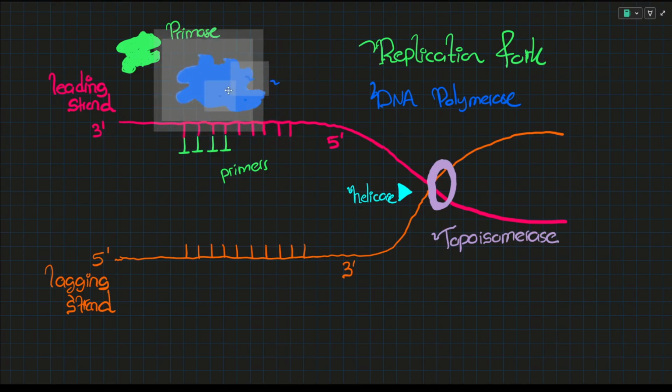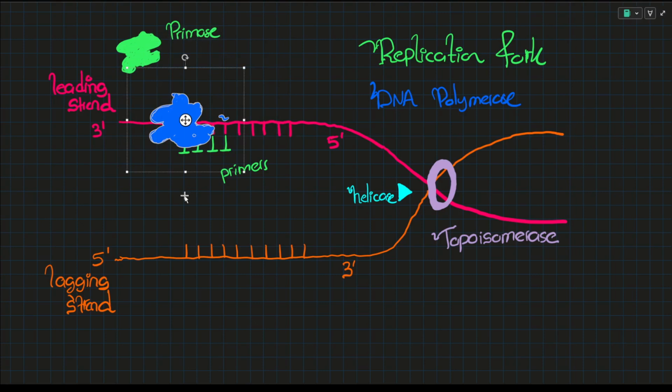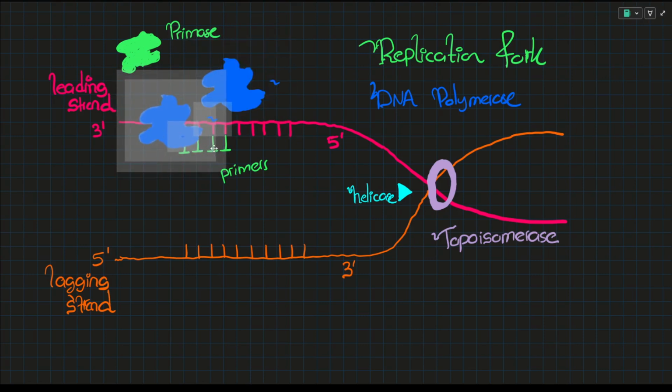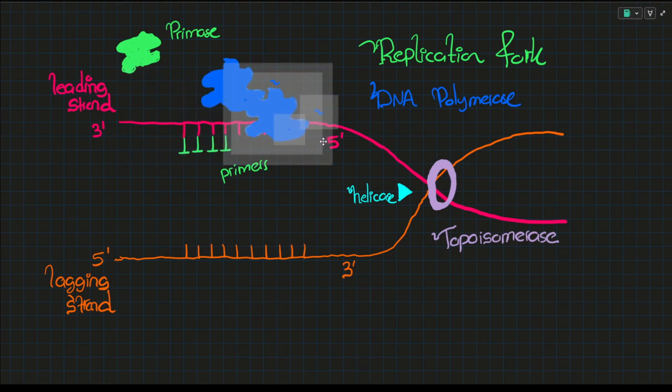Now this guy is going to know, oh, I have to bind here because this is where the primers are situated. This is where DNA primase, my friend, has laid down the primers. This is where I should go and bind. So he's going to bind like this, and then he's going to go down this way.